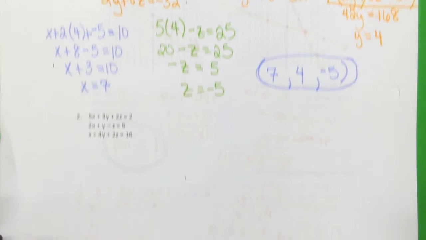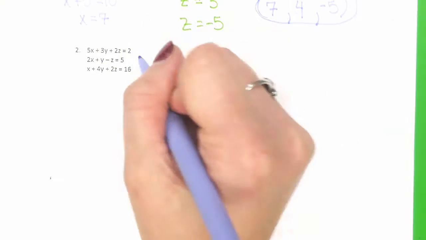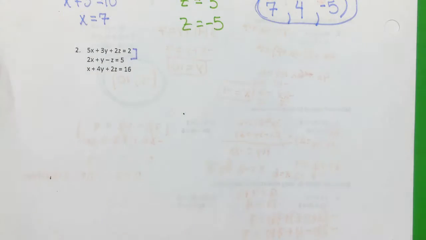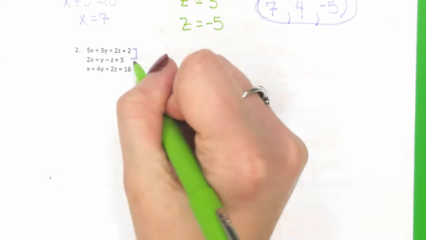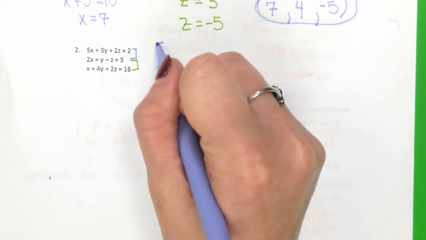Alright, number 2, here we go. Let's take this real slow, you ready? Okay, first thing we're going to do is compare the first two, and then we're going to compare the second two, okay? Alright, so let's write those down.